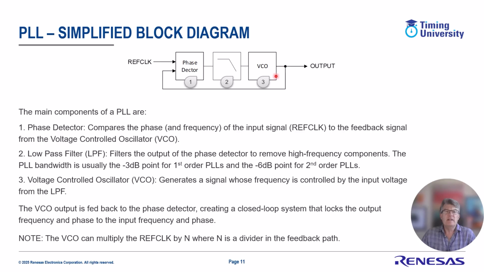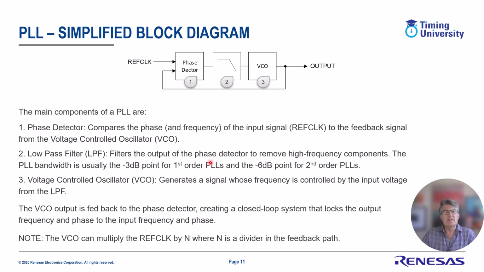And the low pass filter is generally what is referenced when specifying the PLL bandwidth. In first order PLLs, that bandwidth is usually the 3 dB point.